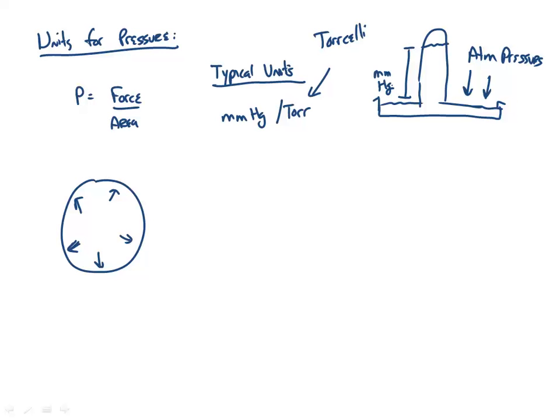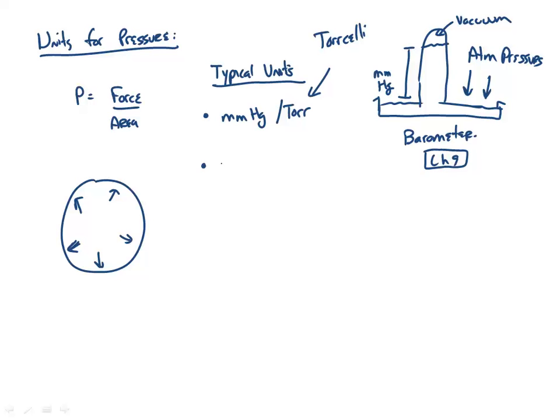And because Torricelli is the guy that came up with it, sometimes the unit is named after him in terms of torr. And this is, of course, a vacuum. And so you can think about this as basically we know about barometers and stuff like that. We'll go into this in a lot more detail in Chapter 9. For now, we just need to have the units available.